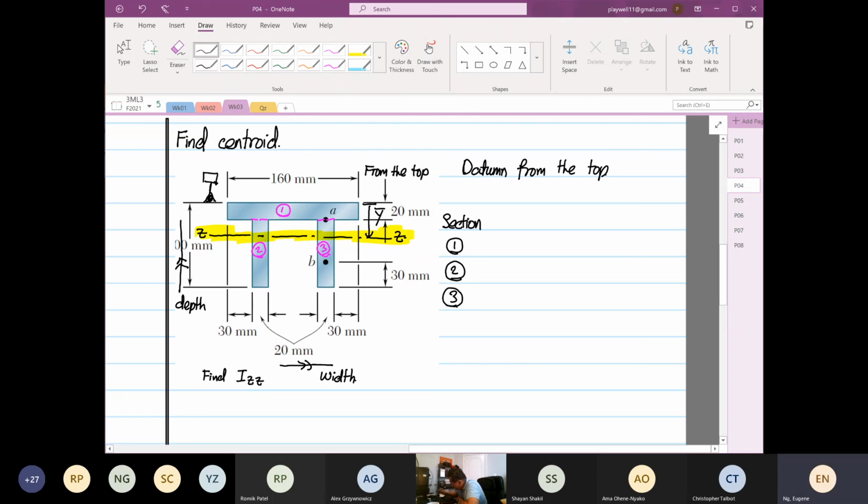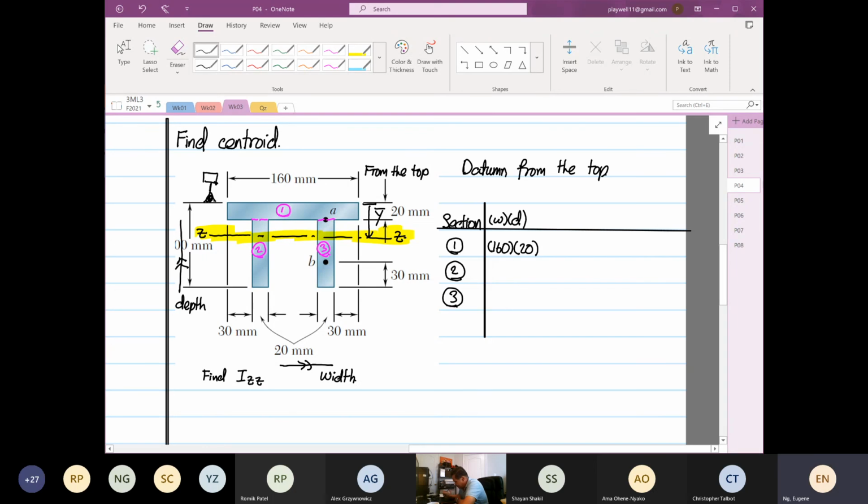Then I will create a table. This table follows this format. Don't follow what the solution manual says. Only check where the key points are, key values, like what I demonstrated last week. This is the width and this is the depth, because the solution manual did not do this. For section 1, the width is 160, the depth is 20.